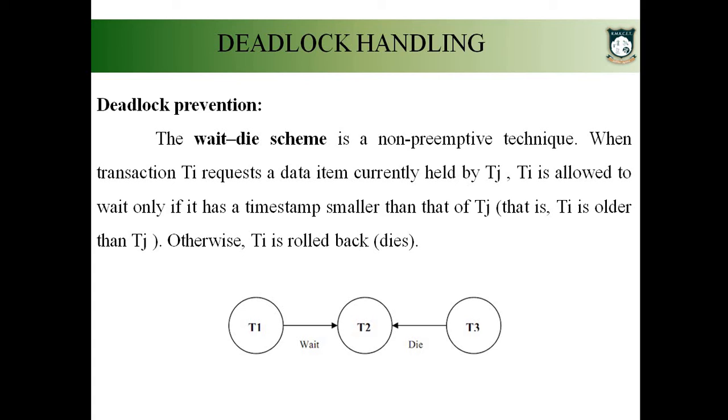Now what is the concept of the wait-die scheme? It is just like your timestamp based protocol in the aspect that every transaction will have a timestamp value. Now you just look into the diagram. If you look into the diagram, whatever concept I am going to tell will be very clear for you.